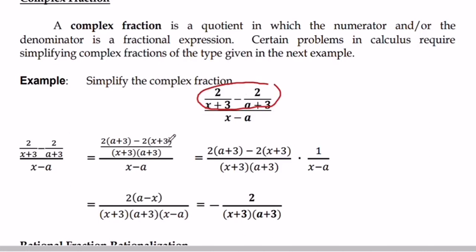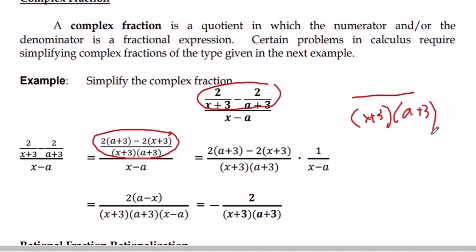At this point, what I did here is we find the LCD, the least common denominator. We know that the LCD is x plus 3 times a plus 3. Then what we need to do is multiply the LCD to each term.